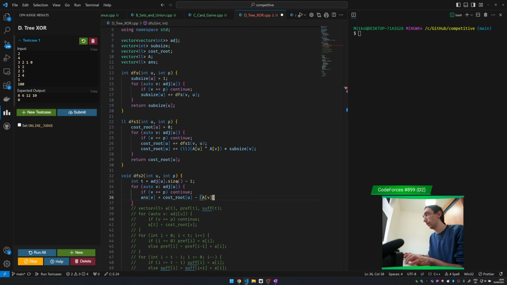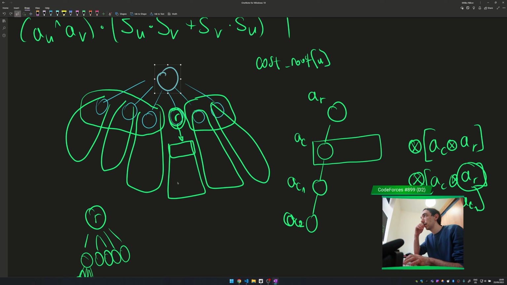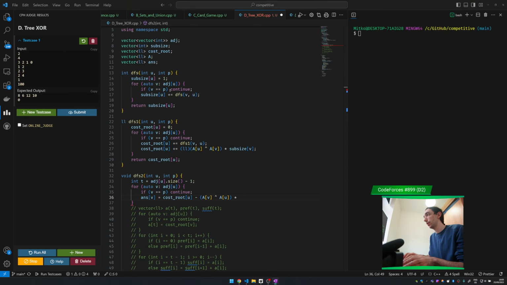a of u times, so wait, the root node minus the n minus the subtree of v.